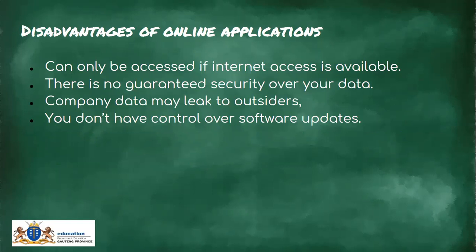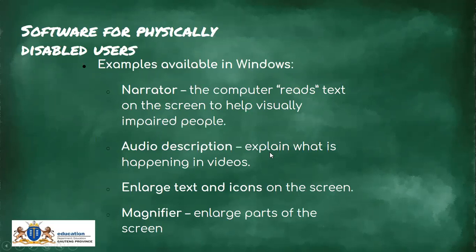Company data may leak to the outside secretly because of that. The backend officer might have that administrative privilege. You don't have control over the software updates. That's one of the disadvantages again. Software for physical and disabled users, for example, available in Windows: Narrator, the computer reads the text on the screen to help visually impaired people.